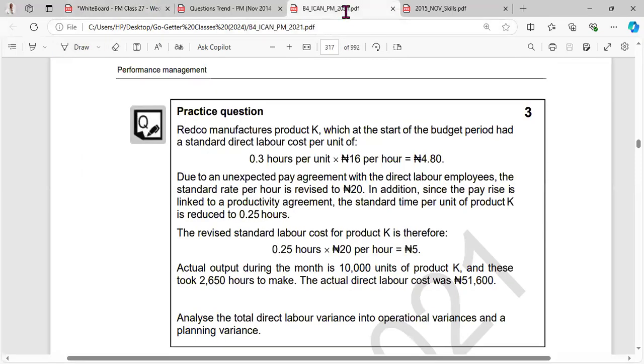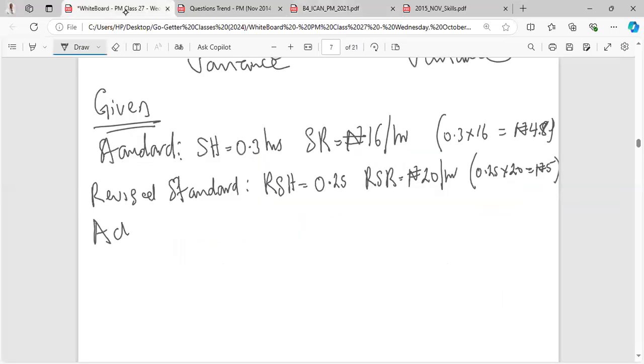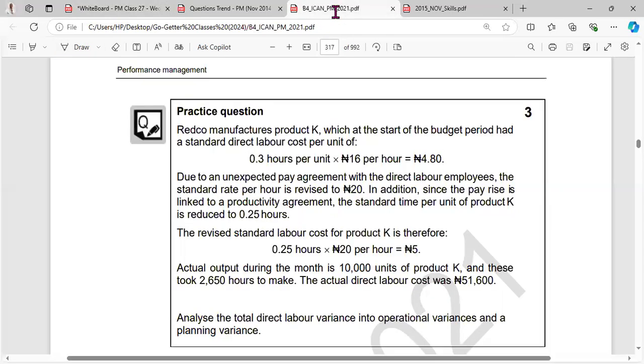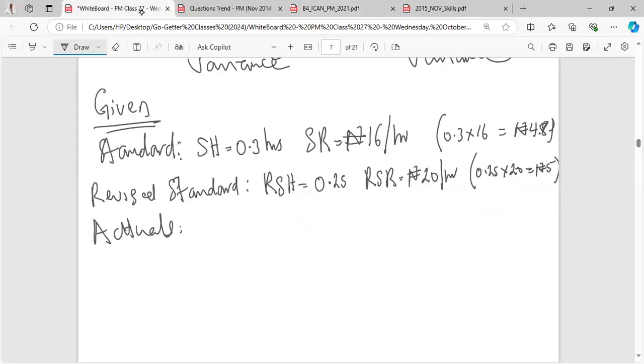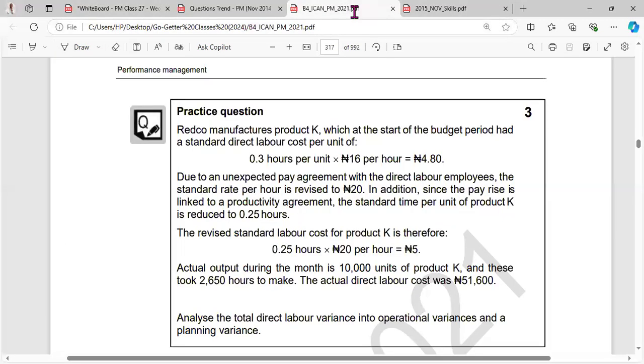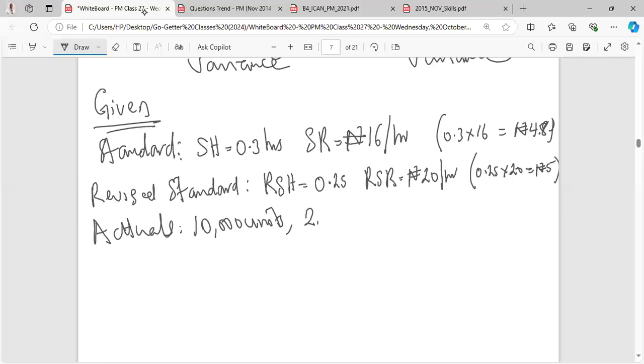Then actuals. We'll now bring our actuals. Then what were we given? 10,000 units. What again were we given? 2,650 hours.